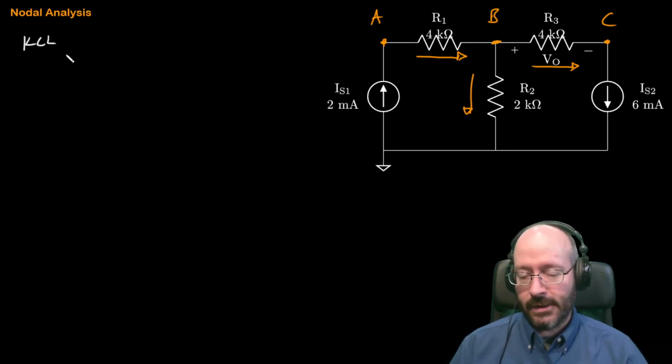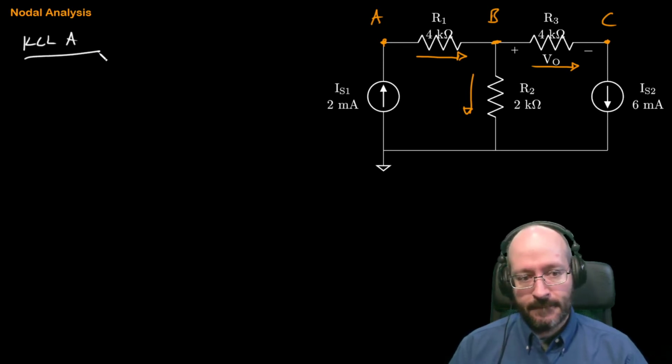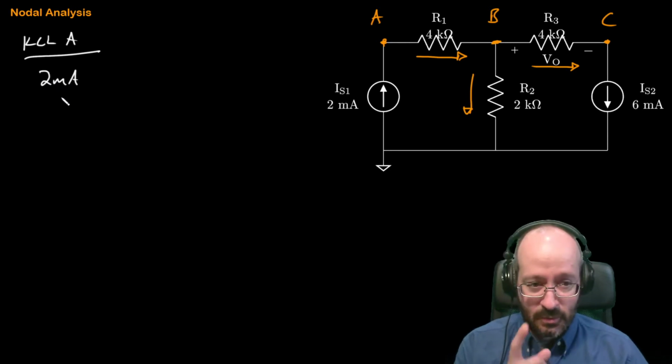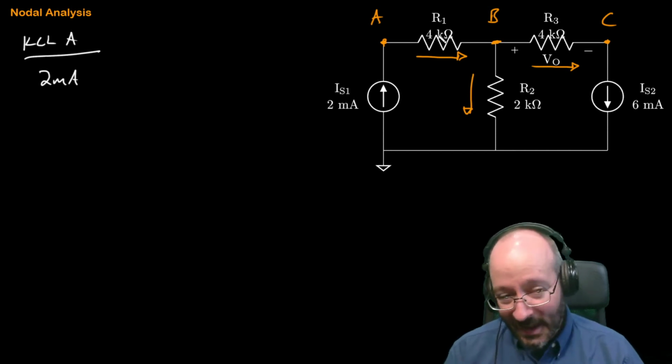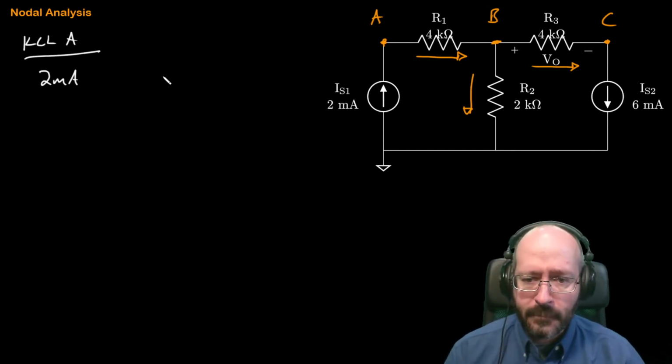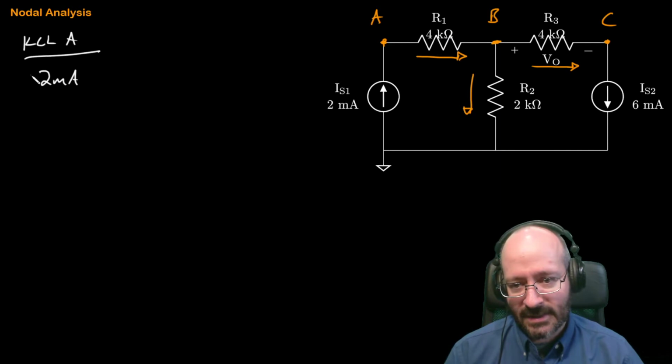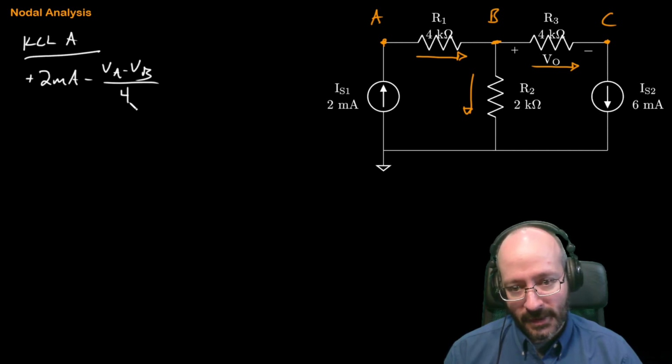I'm going to move a little quicker. KCL for A. I have 2 things connected to it, so it's going to be 2 milliamps flowing into it. That milli is important. Don't drop it. You're going to be tempted to write 2. And that 4K is important as well. Okay, so I got 2 milliamps going in, so that's plus, and minus (VA minus VB) over 4K, and that's equal to 0.